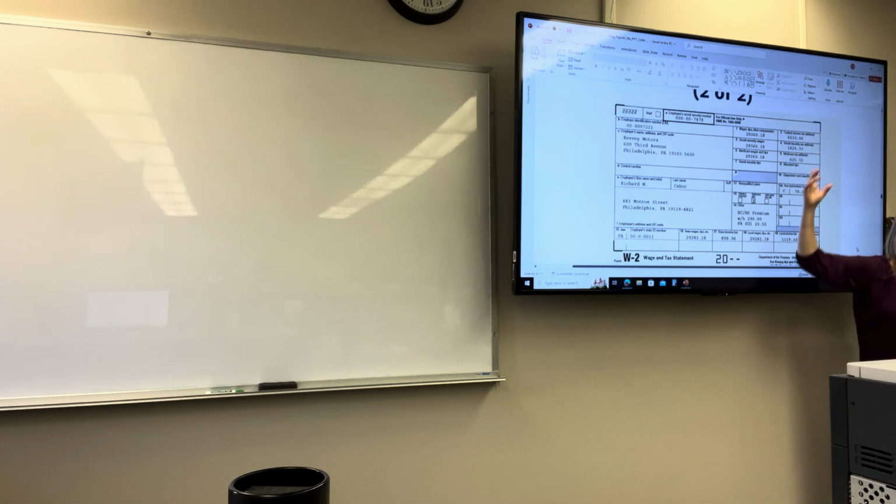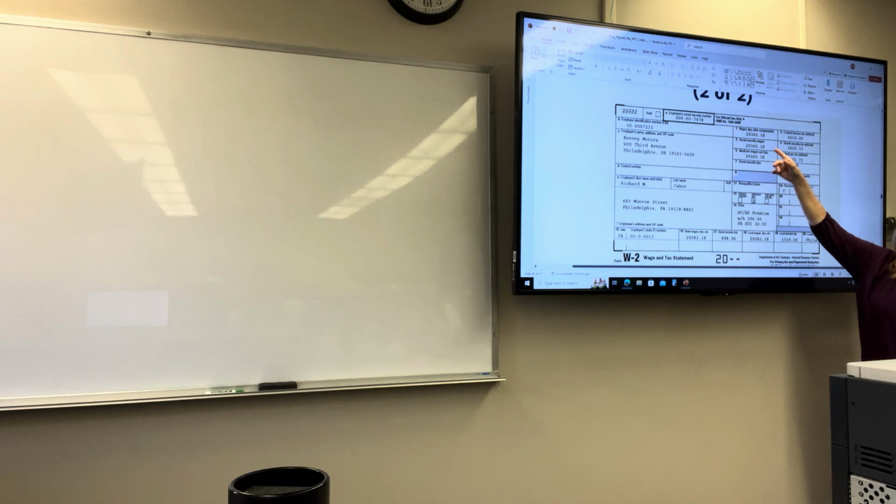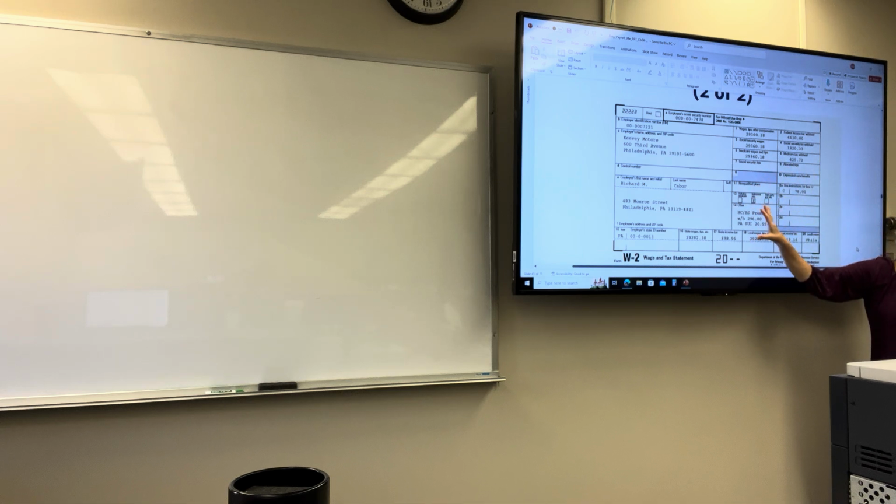These 3 boxes could all be different, right? Because with Social Security, remember we've got a wage base. So if this W-2 happened to show wages above $160,200, well, the maximum amount that's going to show up in box 3 is that $160,200. It's never going to be more than that, at least for 2023.